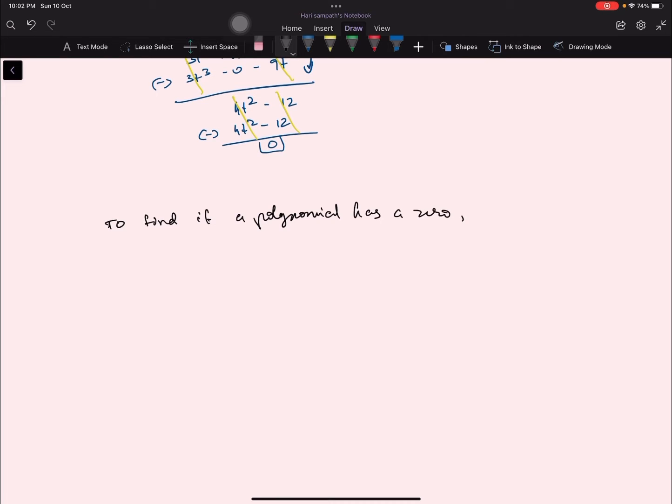You just have to use the formula b square minus 4ac. Yes, that's it. If b square minus 4ac is equal to 0, then it has only one zero. If it is greater than 0, then it has two zeros. If it is lesser than 0, no zero. This applies only to quadratic polynomials.